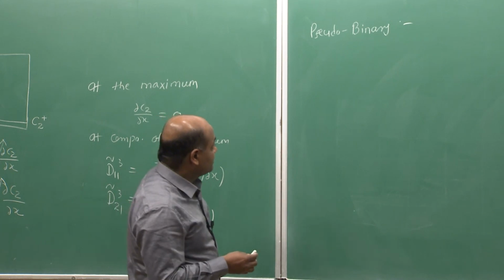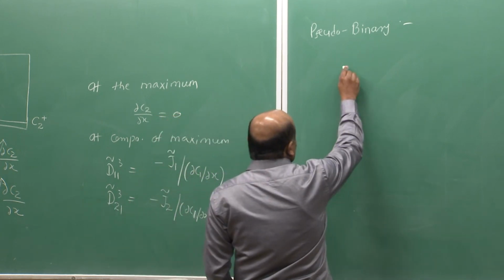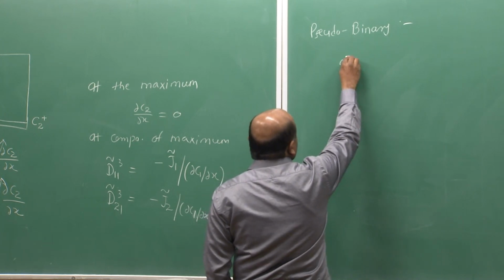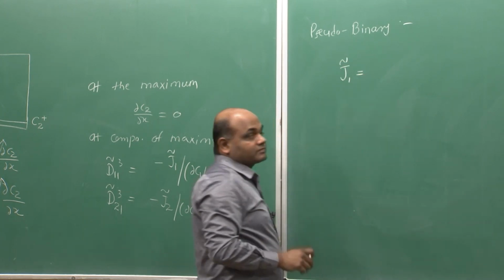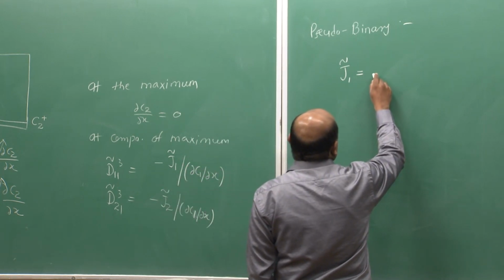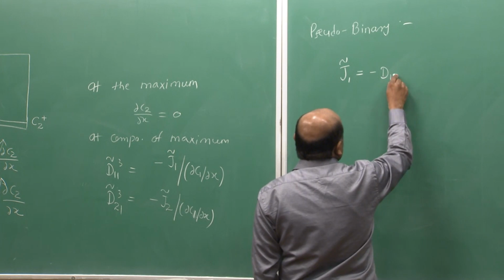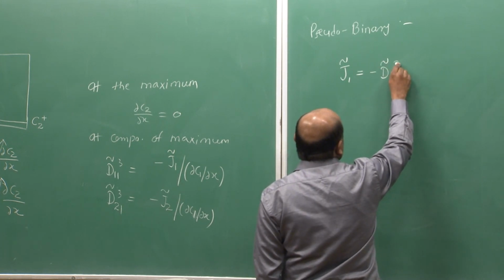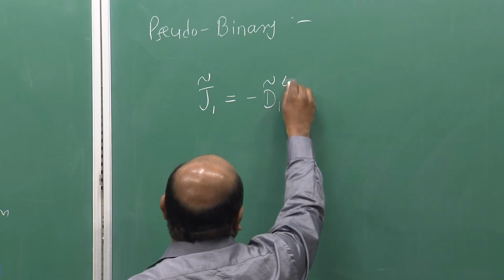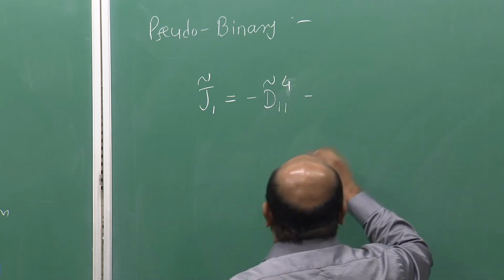So, let us say if I write the equation for the independent fluxes. In quaternary, let us treat component 4 as dependent.